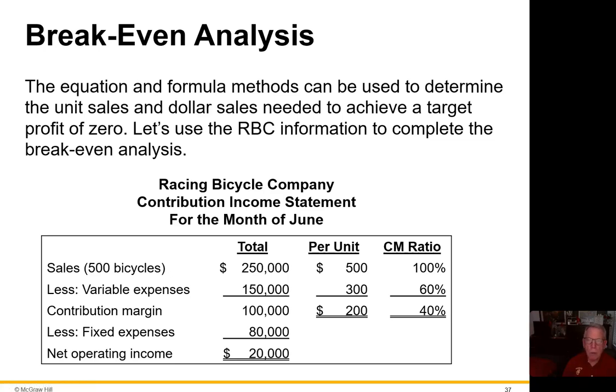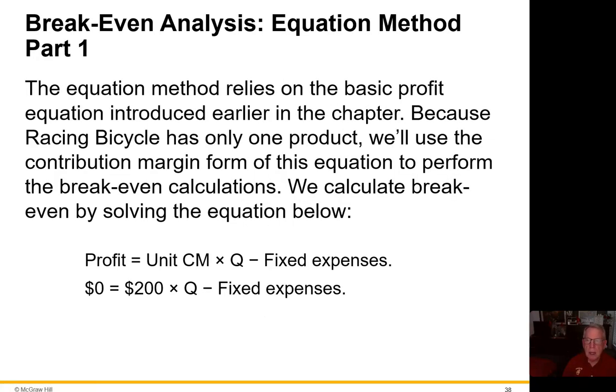So if I wanted to know break-even, I could do that by taking the contribution margin per unit times the quantity minus the fixed cost. If we solve for fixed expenses here, that will give us our answer for that.